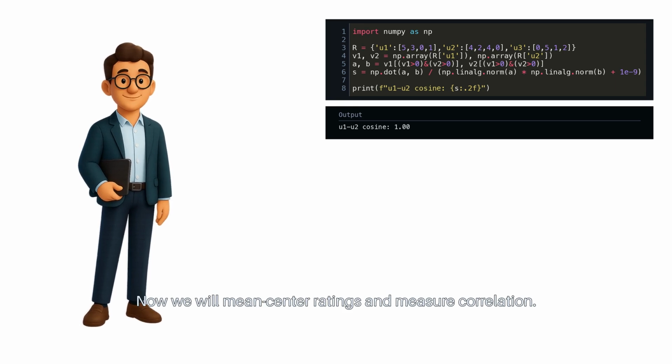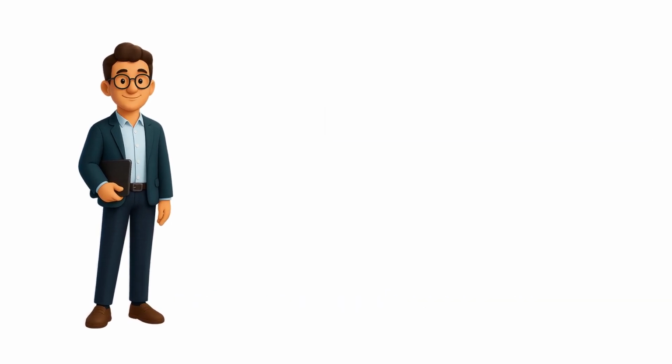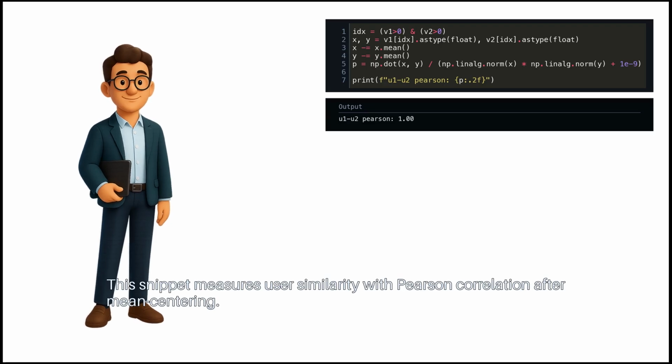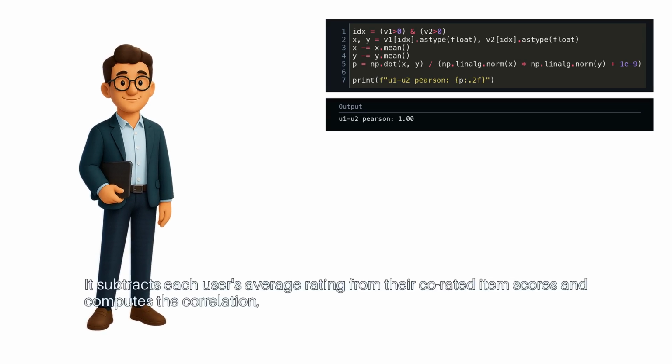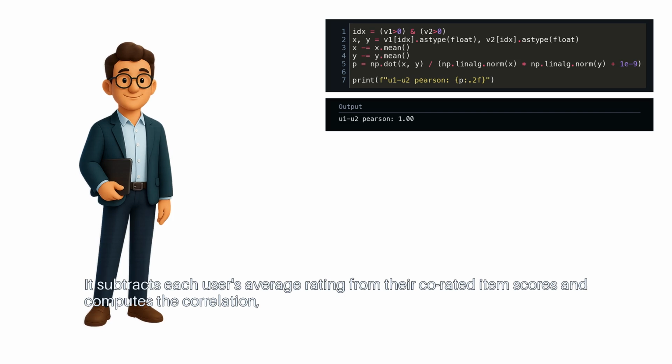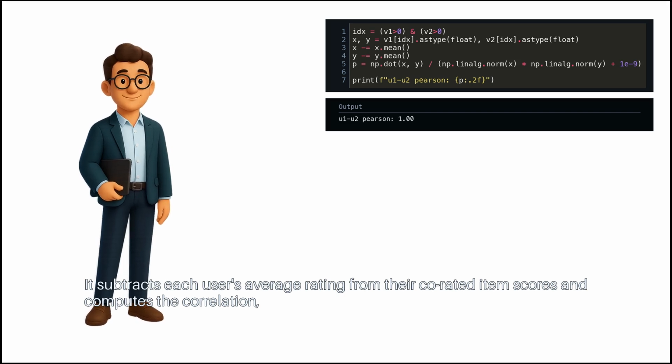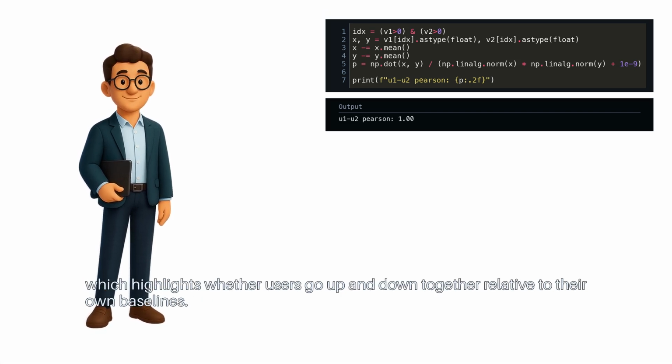Now we will mean center ratings and measure correlation. This snippet measures user similarity with Pearson correlation after mean centering. It subtracts each user's average rating from their co-rated item scores and computes the correlation, which highlights whether users go up and down together relative to their own baselines.